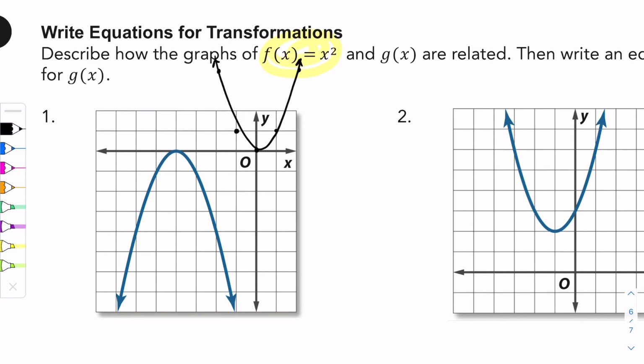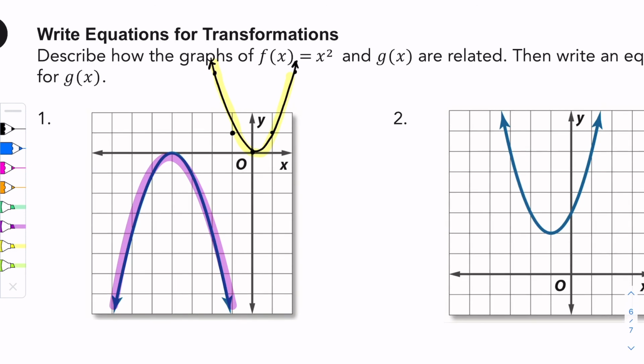All right, now from there, if I'm comparing this graph highlighted in yellow to this graph here highlighted in purple, I need to look and see what's similar or what's different about them. The first thing I recognize is that the yellow graph, in order to overlap onto the purple graph, would have had to move over 1, 2, 3, 4 units to get to the point of where it's at.